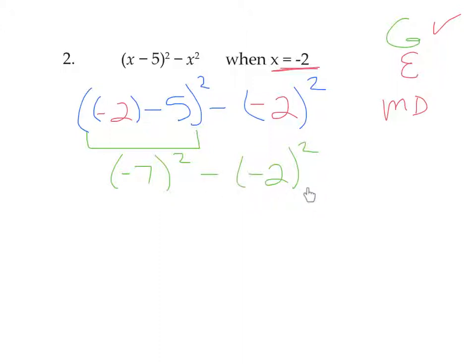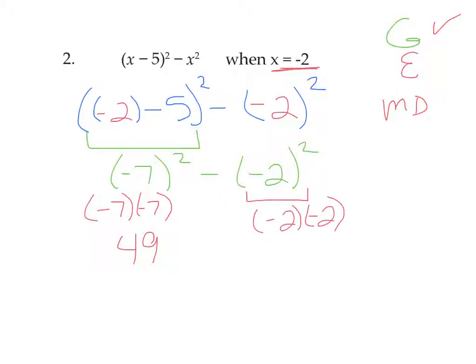So this is saying, actually we've got an exponent here and an exponent here. So let's do left to right. Negative 7 squared is negative 7 times negative 7, which makes positive 49. Negative 2 squared is negative 2 times negative 2, which makes positive 4. And this negative sign is still there.